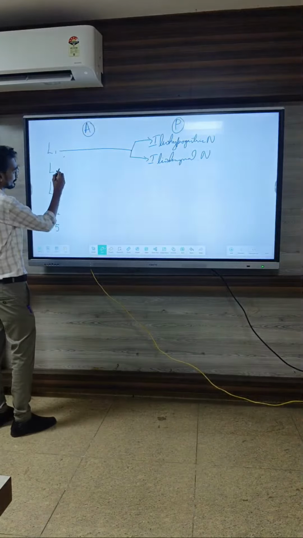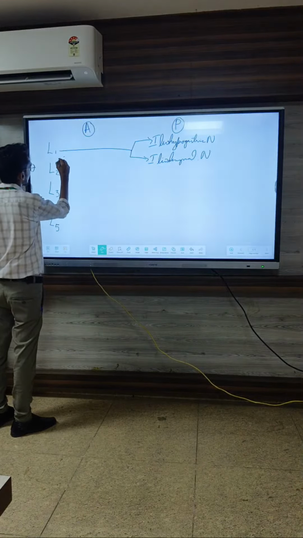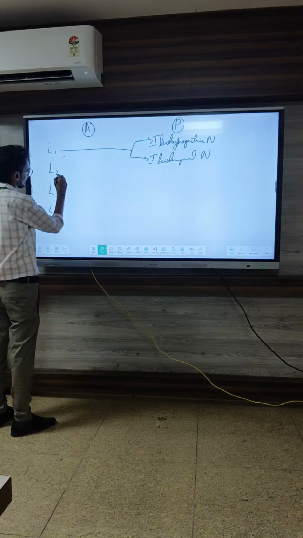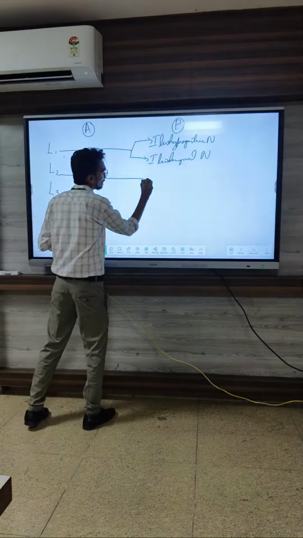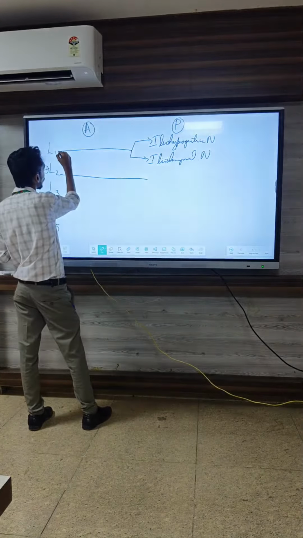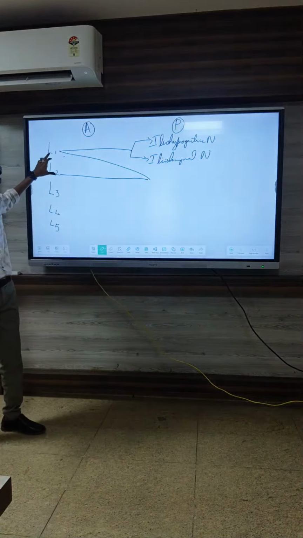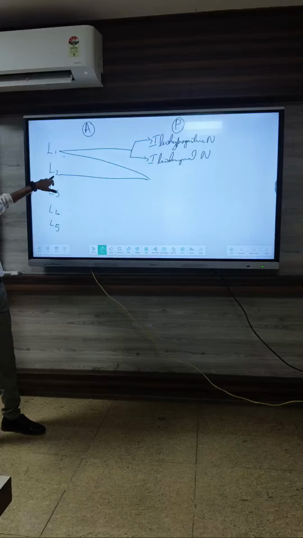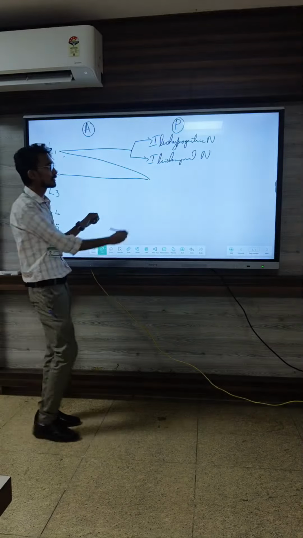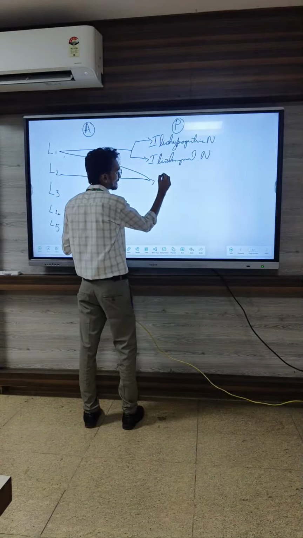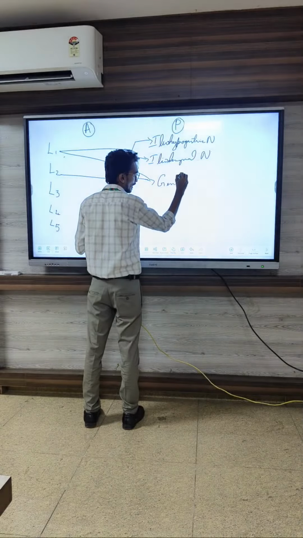Now again, L2 gives rise, with a combination of L1, the L1 nerve root and the L2 nerve root combine together to form a nerve called the genitofemoral nerve.